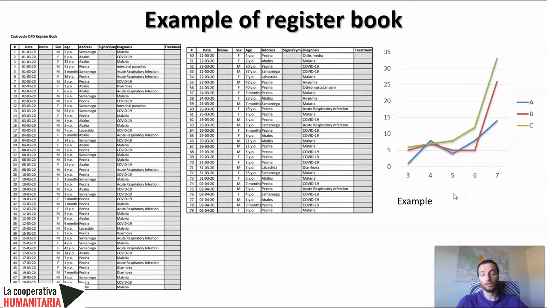So if you want, you can now try to take an Excel with this data that you can download on a PDF that will be attached and try to draw a graph of number of cases per week on Pesina, Ábalos, Samaniego, and La Bastida, the 4 villages you're going to find in the consultation address. Try to do this, and after this slide I will show you the possible result that you should receive with the graph. You go for it with an Excel.